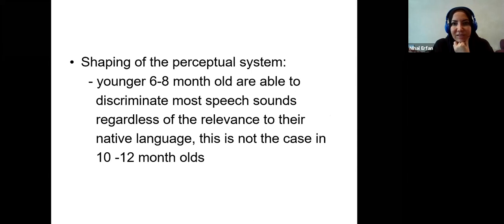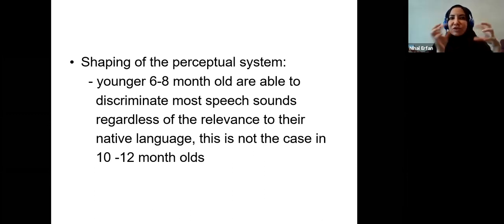Kids that are young, like 6 to 8 months, are able to discriminate most speech sounds regardless of their relevance to their native language. This is not the case in older children. What that means is when you're younger, you're discriminating the sound but not really focusing on the meaning. As kids get older, because their focus is more on the meaning, they lose that ability to just focus on the sound, because now the interest is more in the meaning.